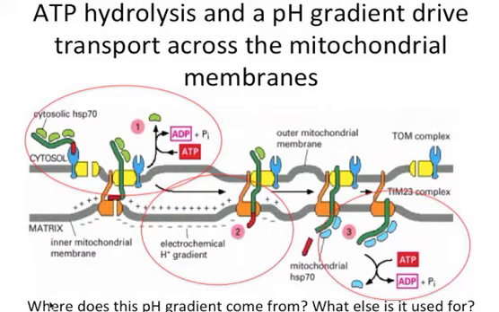And then there's this pH gradient, which is involved in, where does that come from? You guys know about that electrochemical gradient across the inner membrane? Do you know where that comes from? What does the mitochondria do?